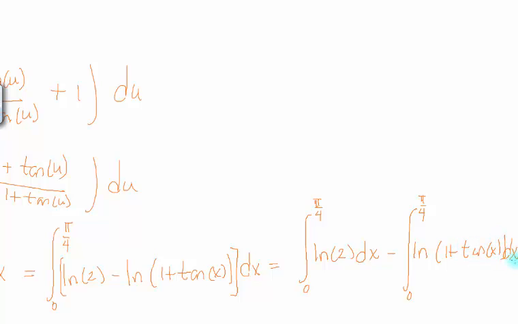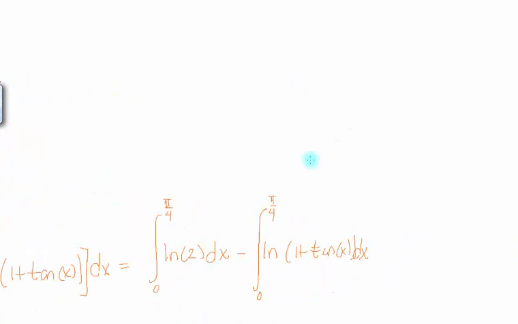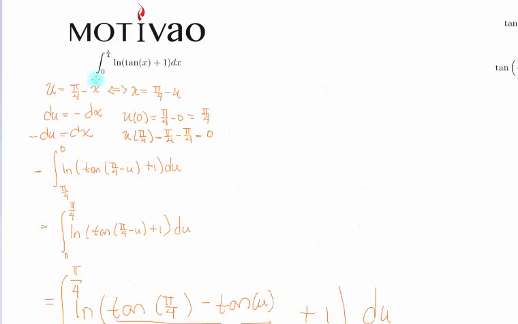Now, notice here that this is exactly the same integral that we're trying to integrate. And we came all the way from the original, by substituting u as pi over 4 minus x.